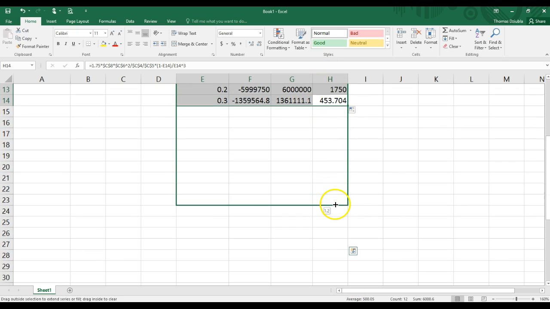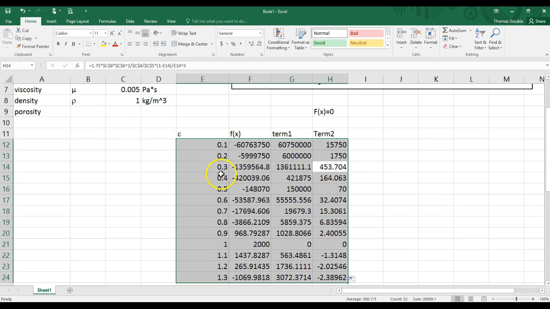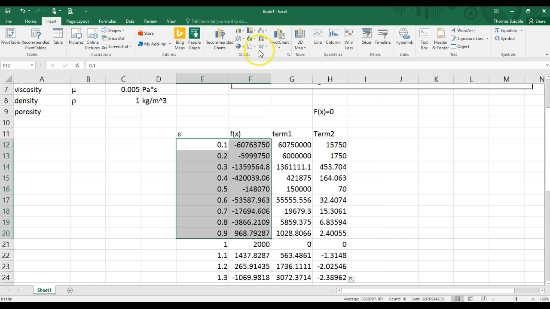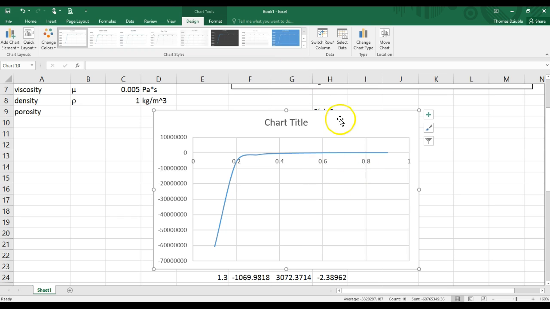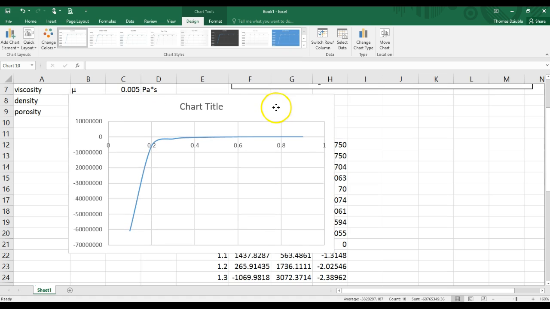Porosity only goes from 0 to 1, so it doesn't really make sense to go beyond that. But we can take all these terms, go to Insert, go to a line plot in this case, and look for the point at which it intercepts the x-axis.